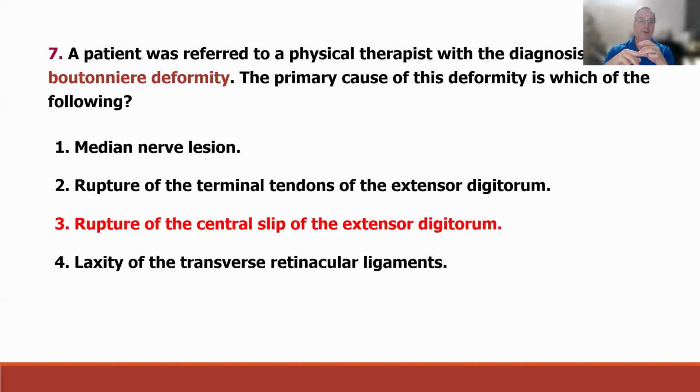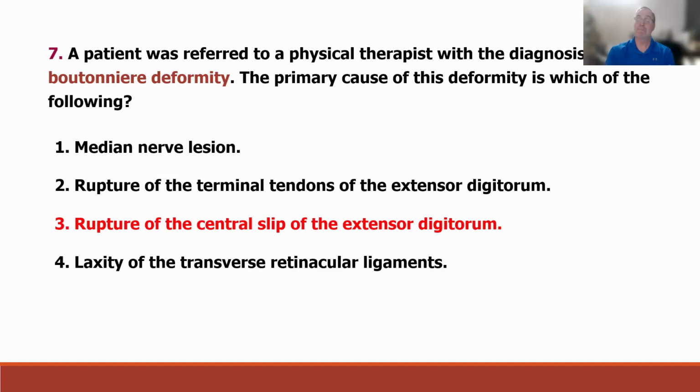The two lateral bands run around and converge and attach to the base of the distal phalanx. They form the terminal tendon, and it's when the terminal tendon ruptures that you get mallet finger. Number three, the answer, so that's boutonniere deformity.